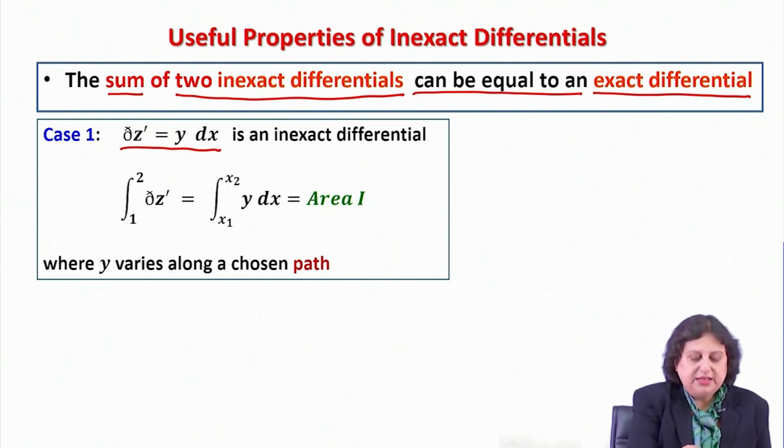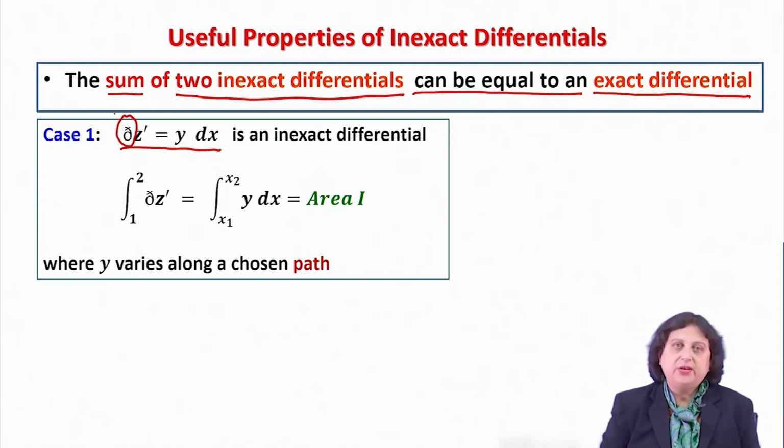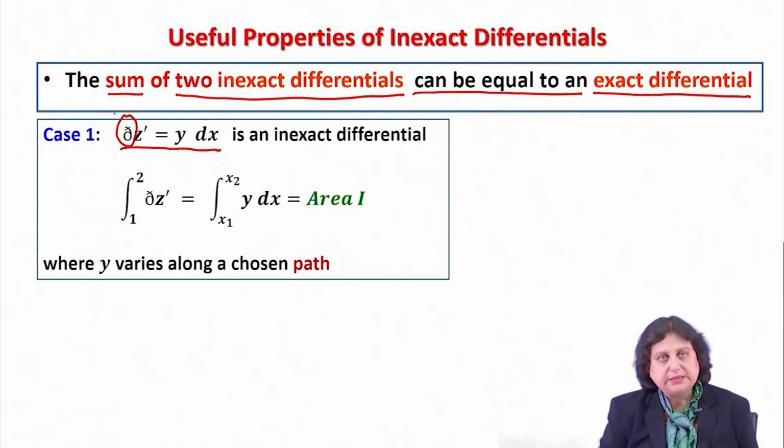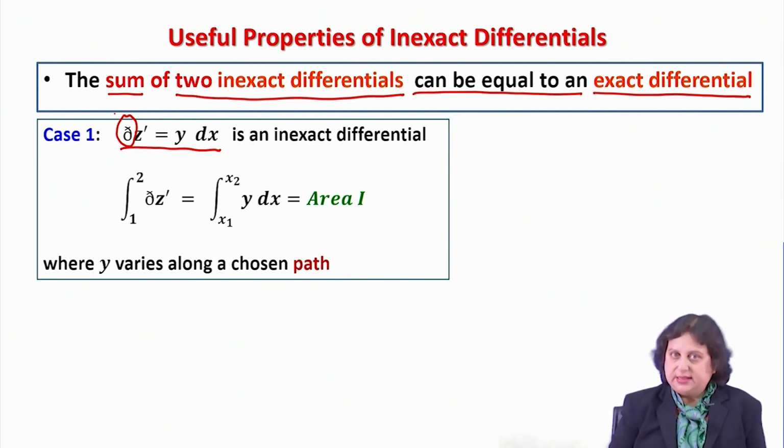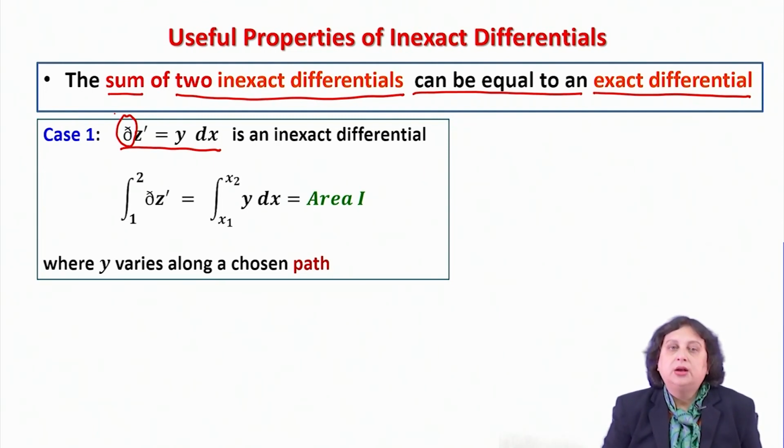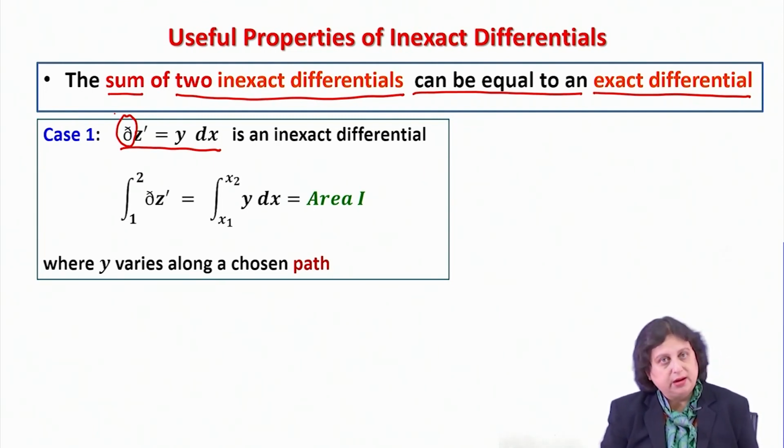Rather, I'm using a special symbol, del with a cross on the top. So whenever I'm using a notation like this, the message is this is an inexact differential. Now what happens if I integrate this inexact differential? Now integration, as you know, corresponds to finding out the area under a curve.